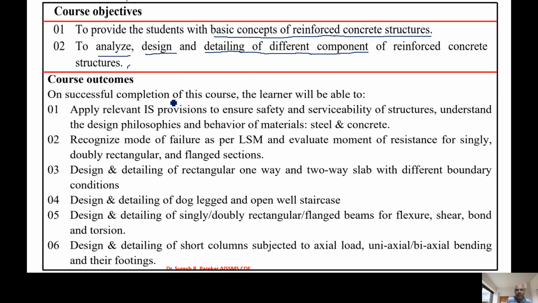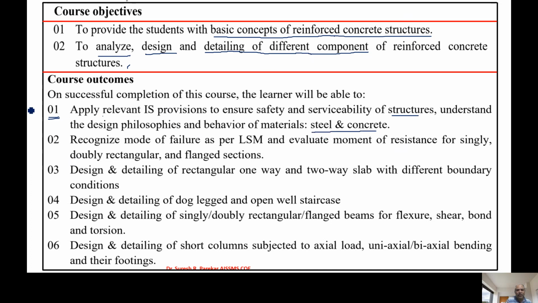On successful completion of this course, the learner will be able to, first, on unit number 1, apply relevant IS provisions to ensure safety and serviceability of structures, and understand the design philosophies and behavior of materials, steel and concrete. So this is our first one.